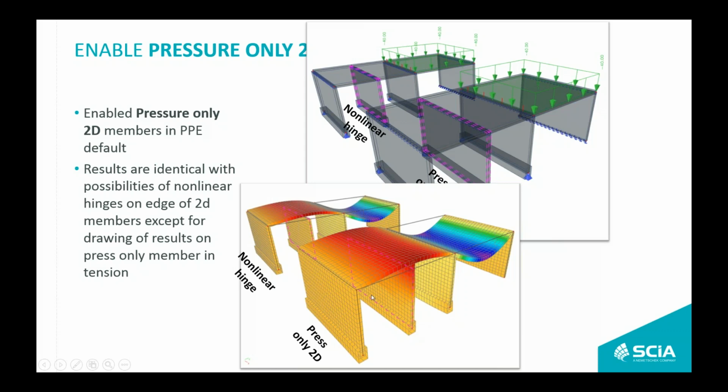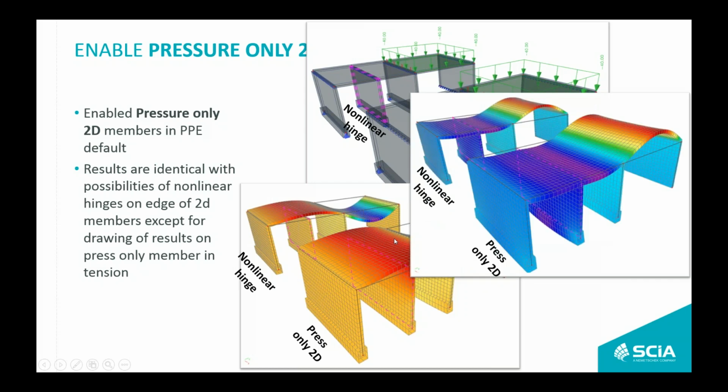It will not create forces in the wall, and the slab is going to be deformed the same way as in the case of nonlinear hinges. In compression, as in the previous case, both cases are loaded as expected.